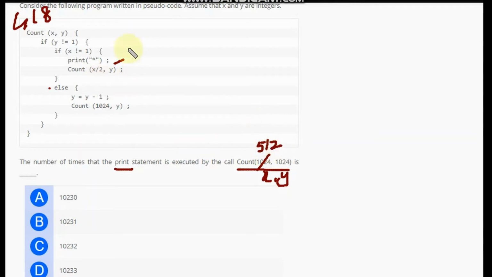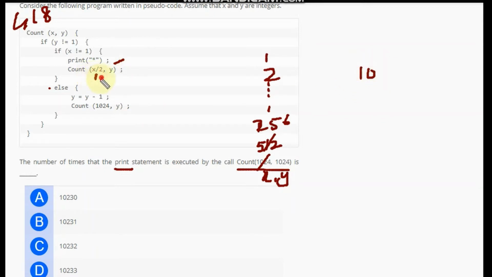Again this function will be called, this condition will be true, again this printf will be executed and this value will be divided by 2, and that's why it will be 256, and so on, it will go to 1. Okay, so how many times will this printf be executed? 10 times. So till 2, this will be printed 10 times.